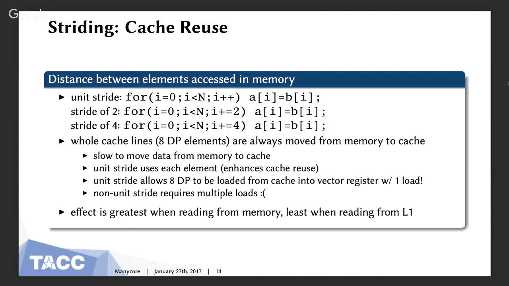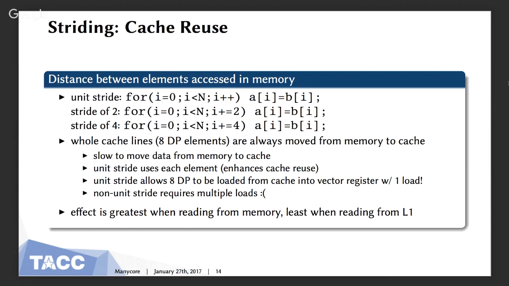So I want to talk a little bit about striding and cache reuse. Striding is the distance between the data elements that are accessed in memory. So let's think of arrays A and B. You would call a unit stride, or a stride of 1, this top loop here, and that's accessing each element sequentially in the array.